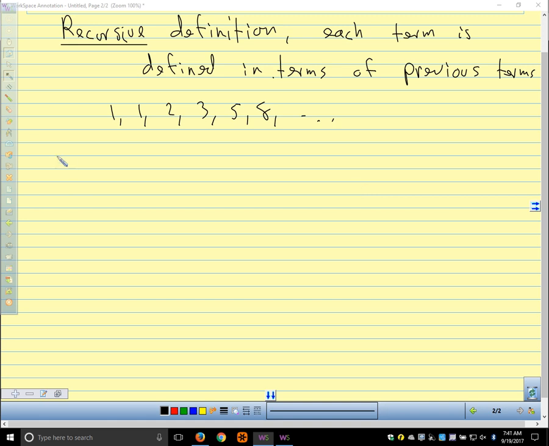All right. Another example of a recursive sequence: we could say a sub 1 equals 3, and a sub k plus 1 is 2 times a sub k minus 1. This is telling us the next term is the previous term minus 1, multiplied by 2.